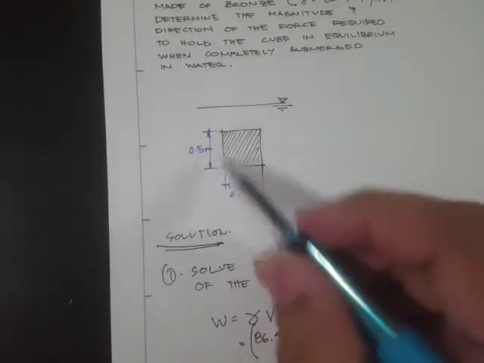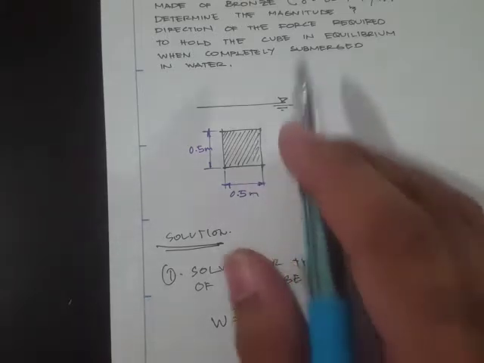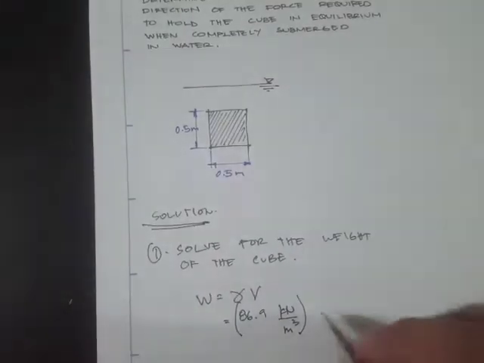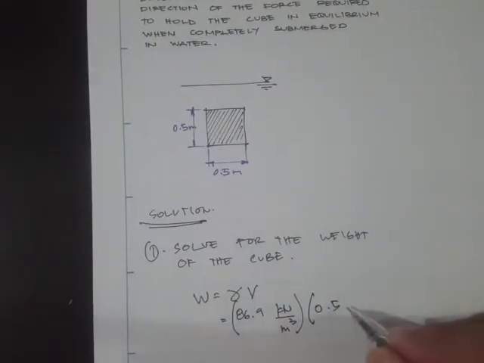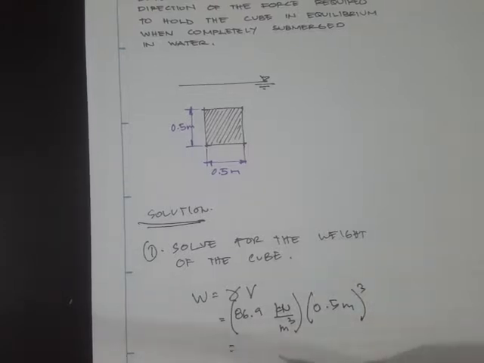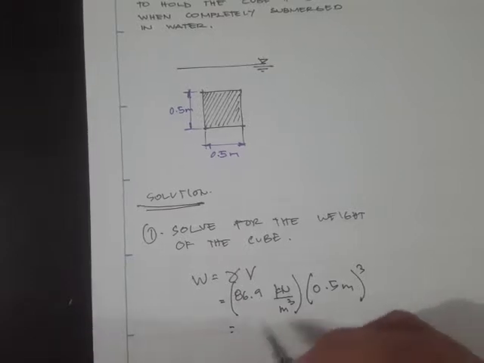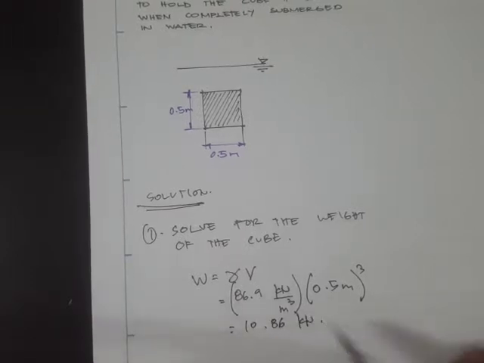So we have this volume, 0.5 by 0.5. Since it's a cube, it's just the same as the other problem we had, 0.5 raised to 3. When you do the math, what you will get is 10.86 kilonewtons.